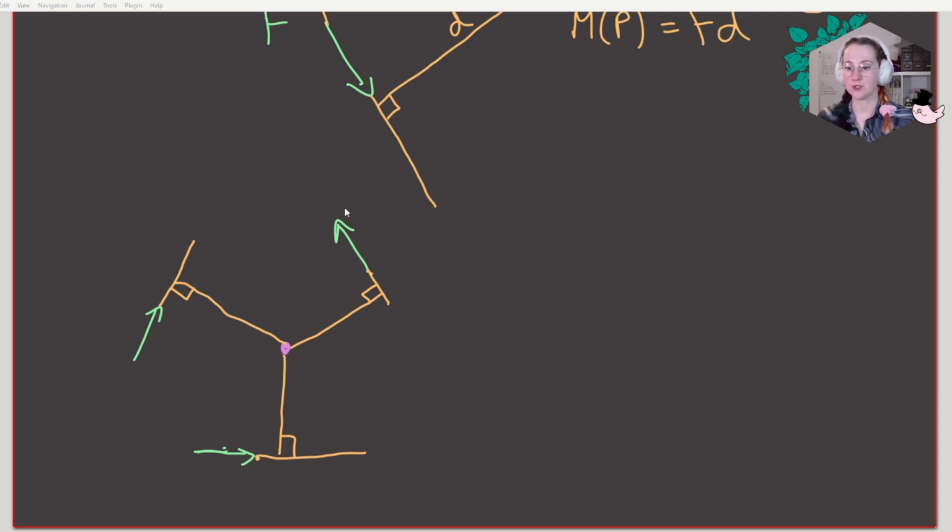If you have two forces working in opposite directions, potentially the resultant might be something like that. So the total effect is going to be in the clockwise direction because it's 2 against 1. But it will depend on how far away the force is from the point, and also how much force is being applied.